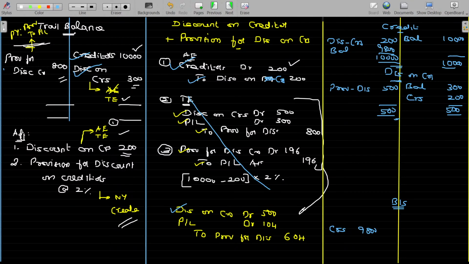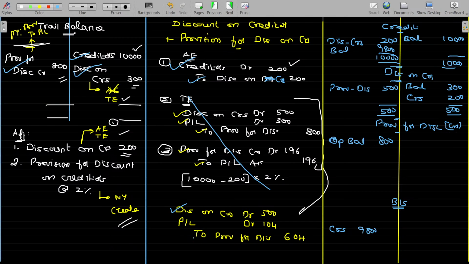Then we have to open the provision for discount on creditors account. Start with the balance on the debit side, so opening balance, the value being 800.